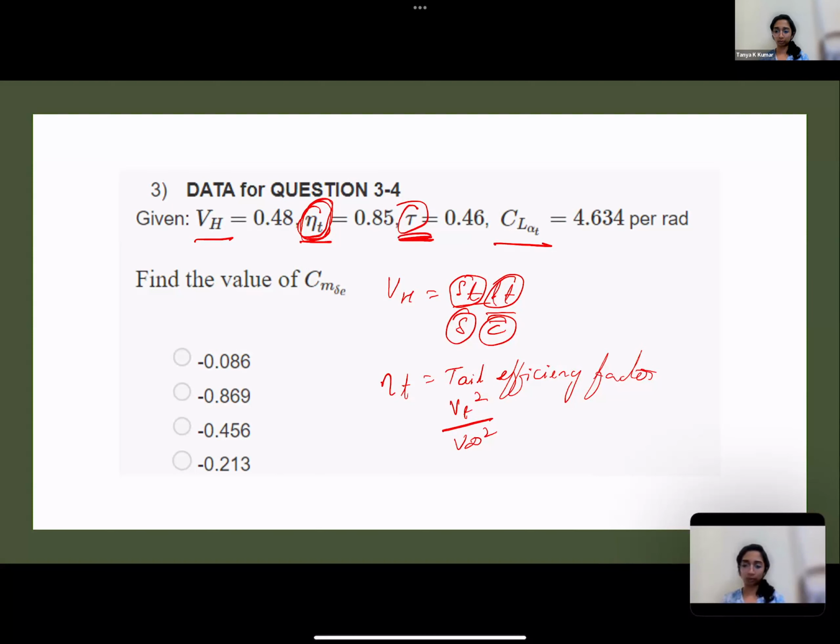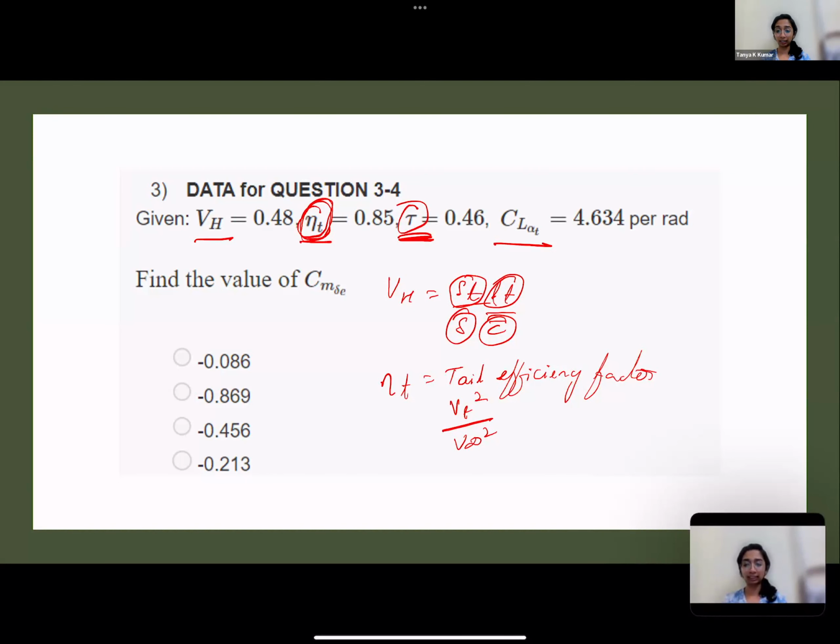So now let's get back to what is tau. This term, tau. It is the control surface effectiveness parameter.